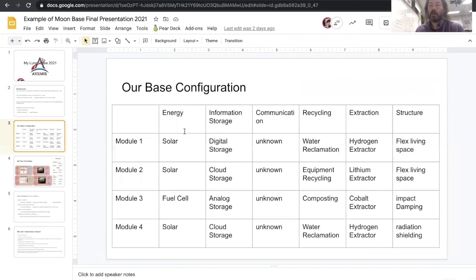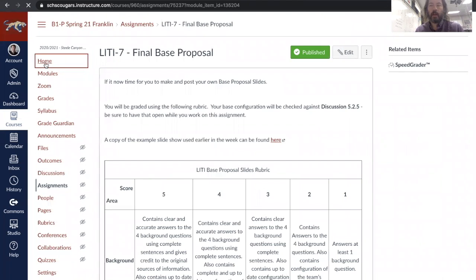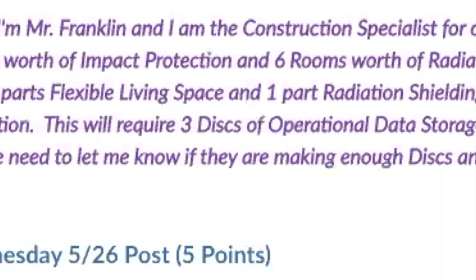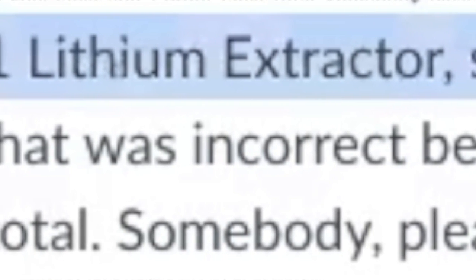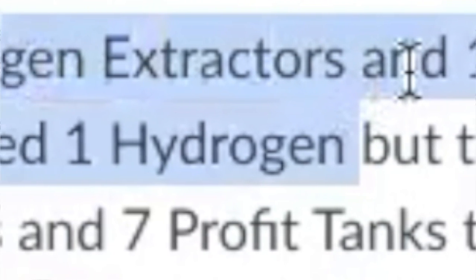And then you're going to go through, and this is your entire base configuration. So now this is where most of you are probably going to have some issues. So let's take a look at 5.2.5 discussion board. When you go into the discussion board, you're going to look for the final post of other people as best you can, and look for what they are producing.